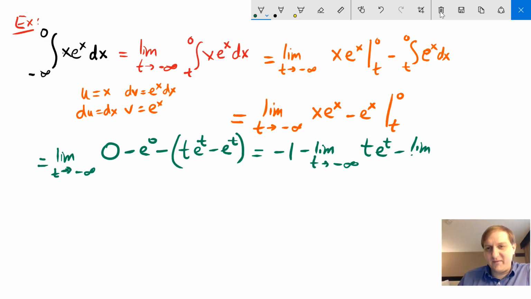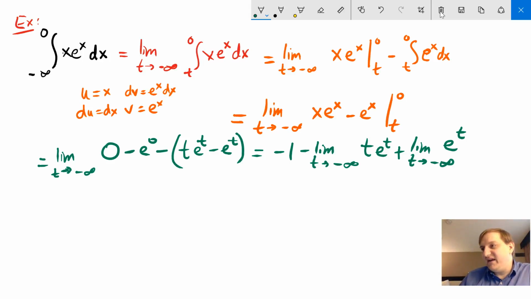It zeroes out anyway, but I'm just going to be really pedantic here. So now this is plus, sorry, minus is plus e to the t. So the negative 1 came from here, and then the limit is applied to this, and this is a plus because minus distributed.